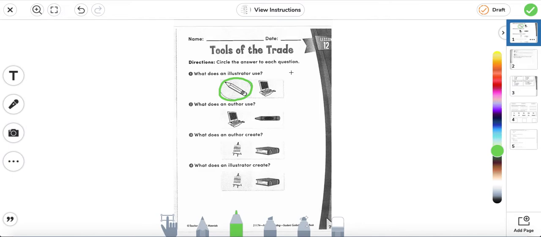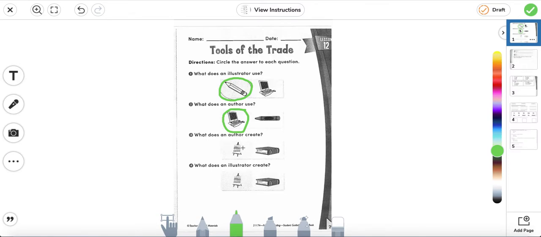Number 2, what does an author use? The author is more likely to use a computer because an author writes the story. So he's going to use the computer instead of the crayon. Number 3, what does an author create?